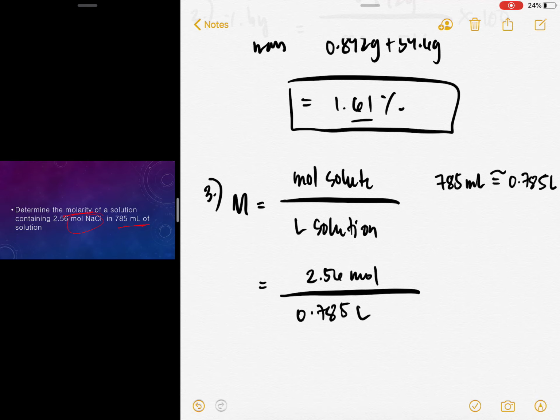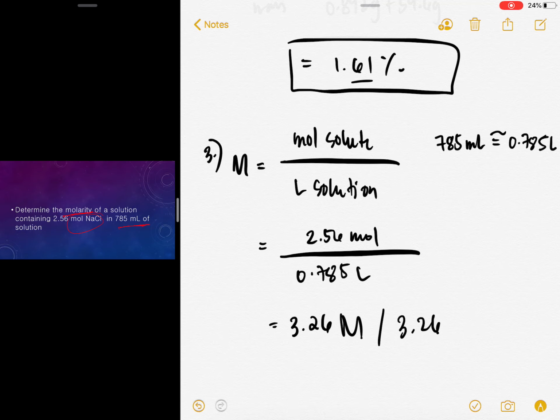Input sa calculator, 2.56 divided by 0.785. So, the answer is 3.26 molar. Or you can also write it as 3.26 mole per liter. Parehas lang yan. Capital M means mole per liter. Ayan. Very, very easy, diba?